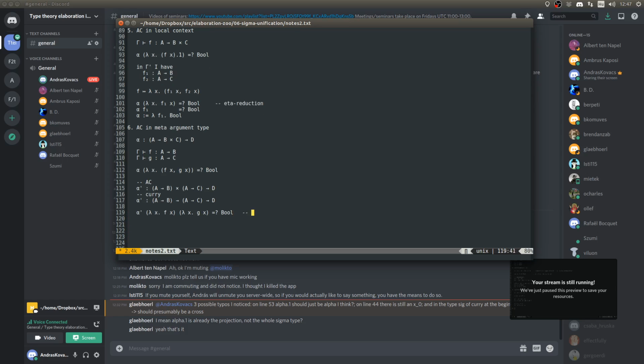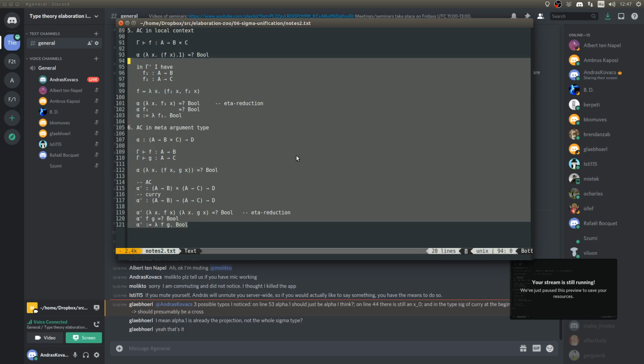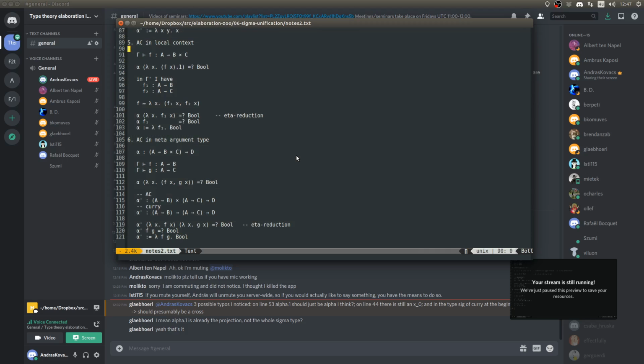And then we can do an eta reduction, and then we get alpha prime f g bool, and then this is just a pattern problem. Okay, and so these two things, they don't work in Agda, but these are in the higher order unification paper.